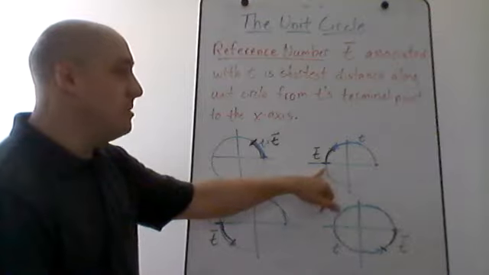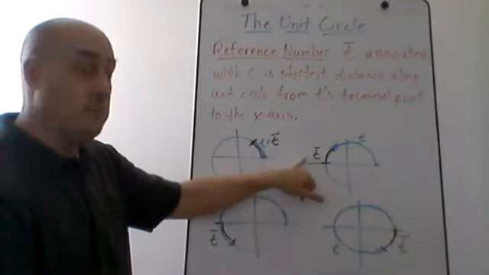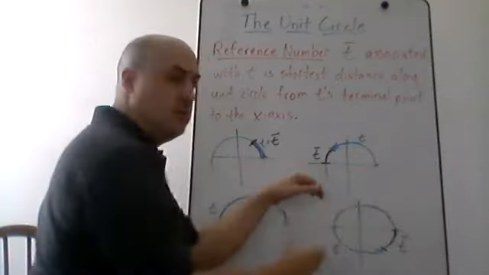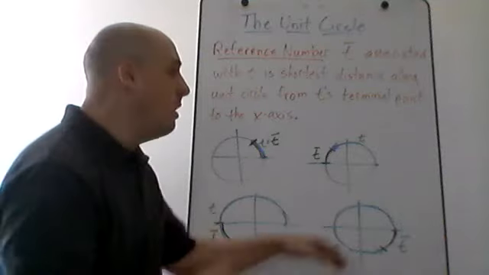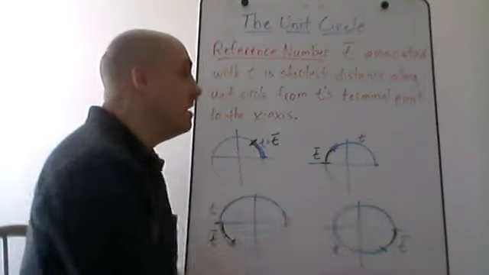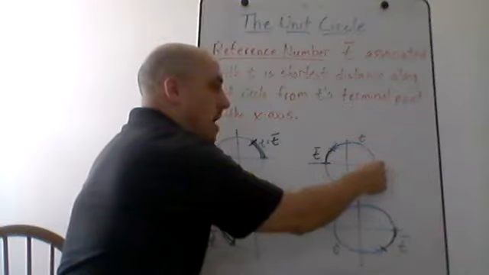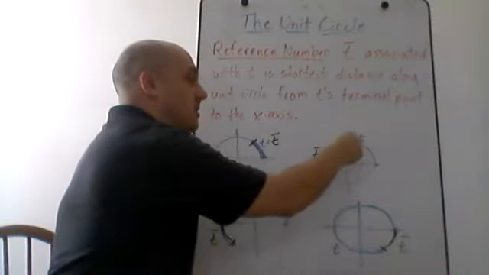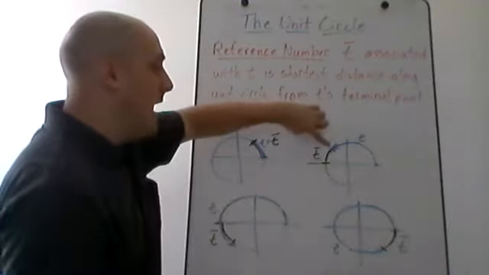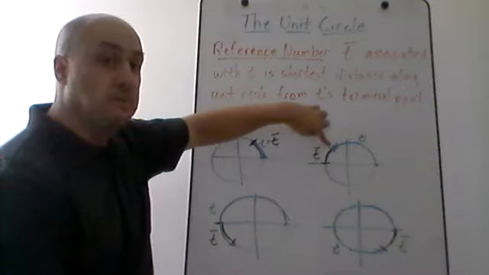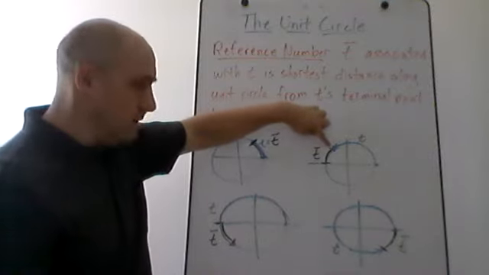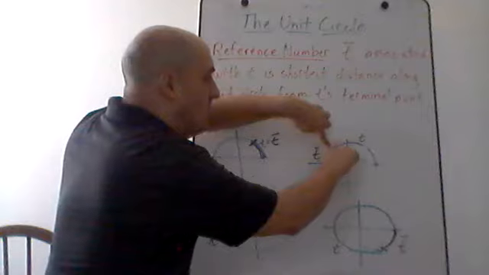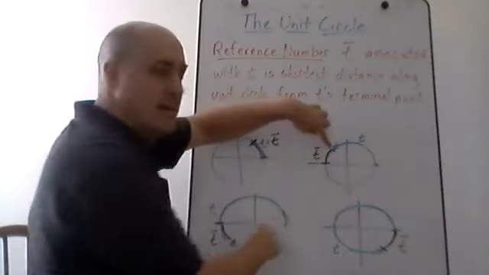If your t value takes you into the second quadrant, like in this example over here, remember we always start on the positive x-axis. My t value is how far I travel along the circumference of the circle. That takes me over here, and I stop in the second quadrant. To get back to the x-axis, going back the path I traveled is not the shortest way.